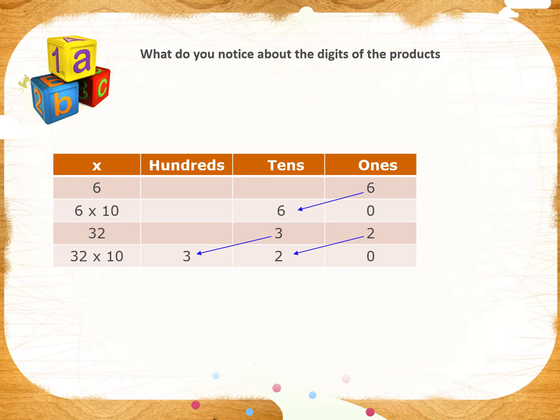When a whole number is multiplied by 10, the digits of the original number move one place to the left and we write a 0 in the ones place to give the product. To find the product, we can also just write a 0 at the end of the original whole number.